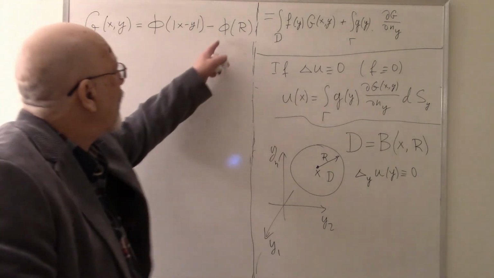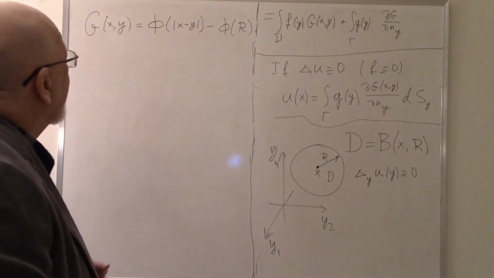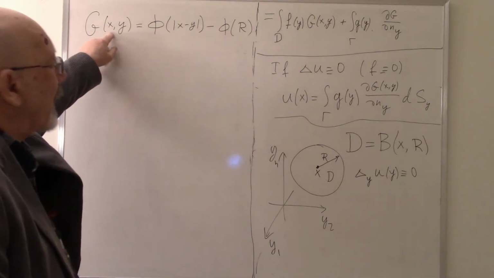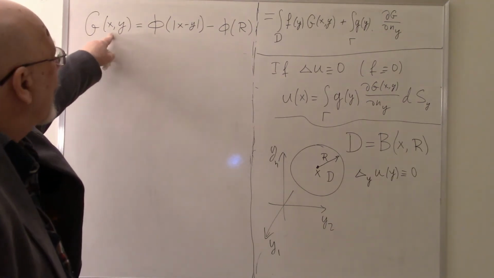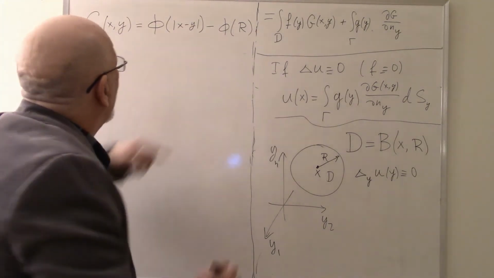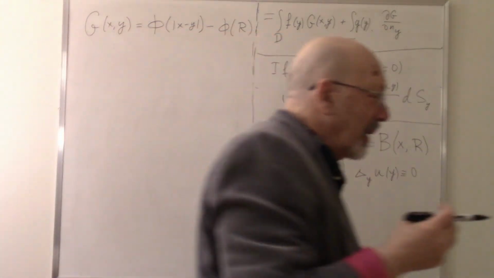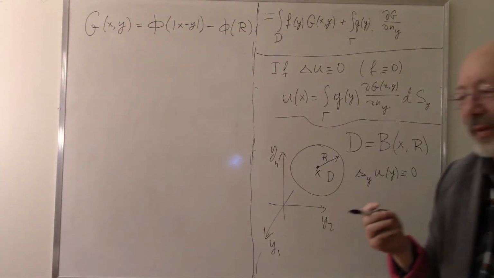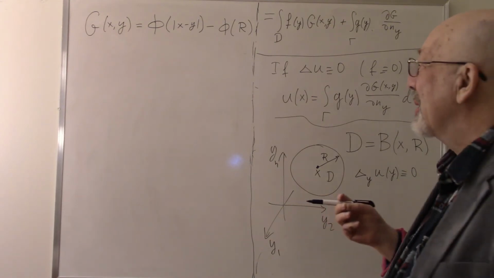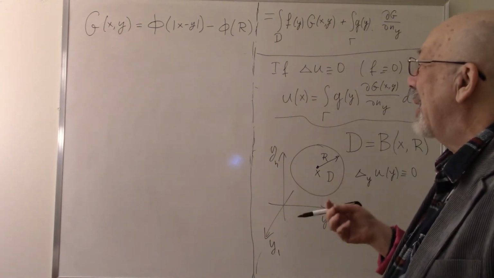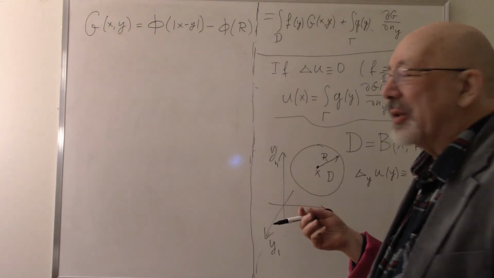Yes, phi of r is a constant. And then, just for this point x, which is at the center, you have that this is g of xy. We found it for just one x. Yes, and again it alone gives us an interesting thing.